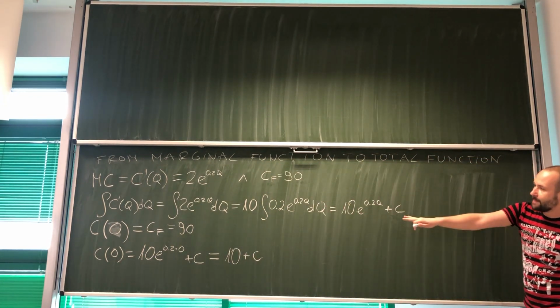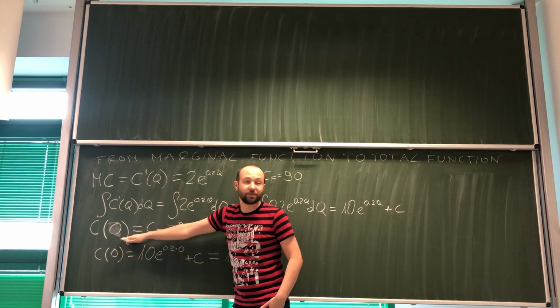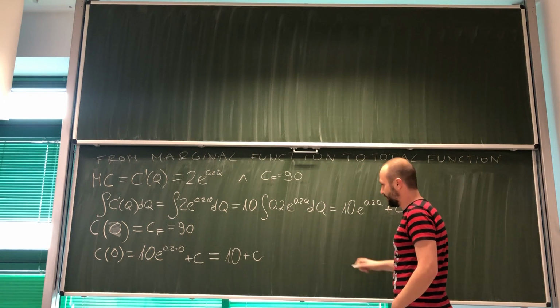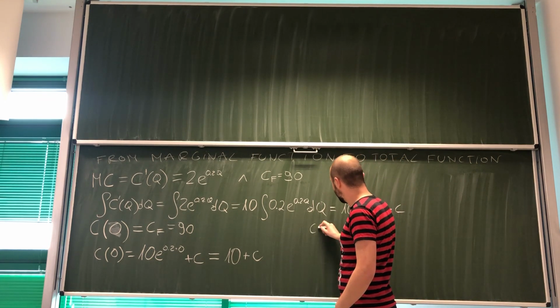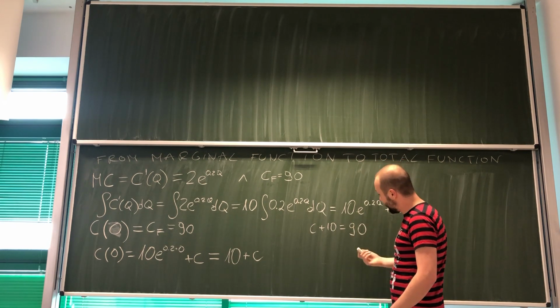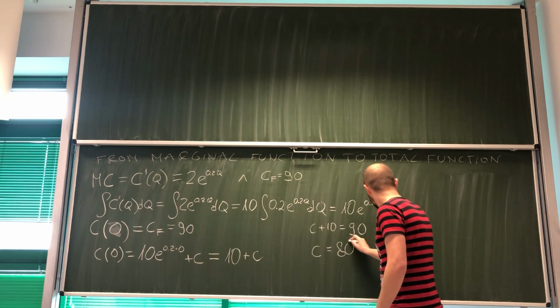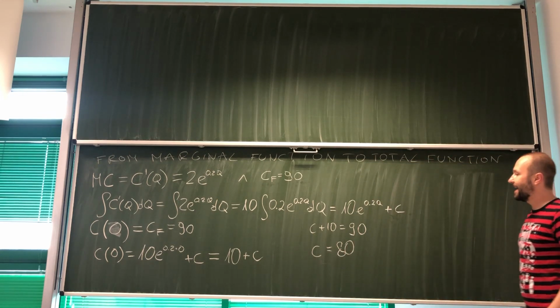Now, because those two expressions must be equal, we can compare them. So we've got that c plus 10 equals 90, and consequently, c is equal to 80.